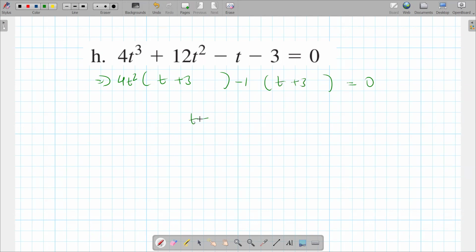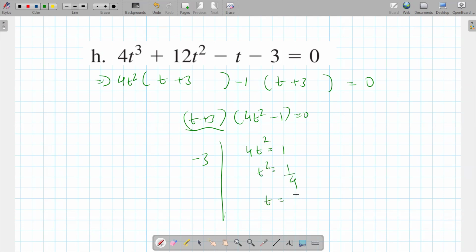Yes. So now you have t plus 3 times 4t squared minus 1. So the answer from here is -3. The answer from here is, well, 4t squared is 1, t squared is a quarter, t is, again, remember, it's 1/2, but it's plus or minus 1/2. So this thing has three solutions, okay?